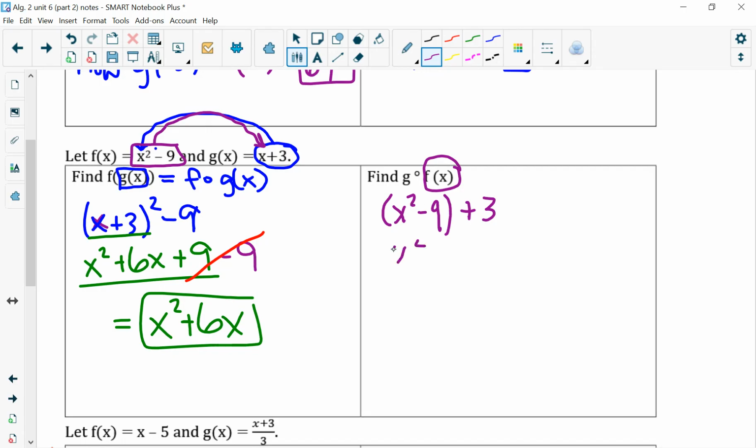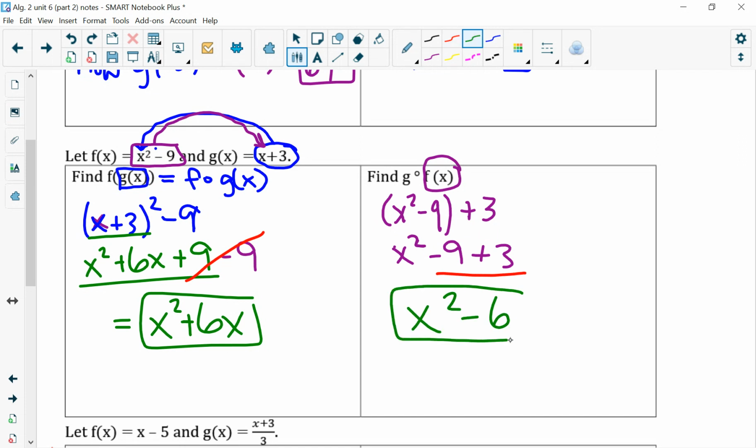So x squared minus 9 plus 3, combine our like terms, and we end up with x squared minus 6.